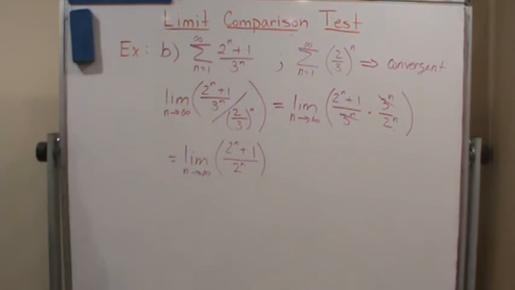Okay, now, where is this heading? Well, as n gets really, really big, this is heading towards 1, right? Yes, I believe this is heading towards 1.